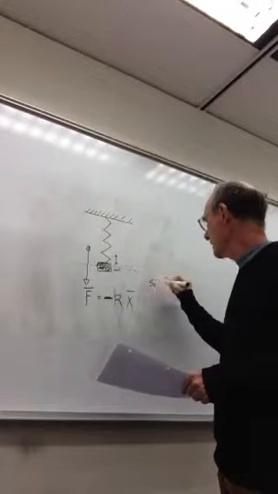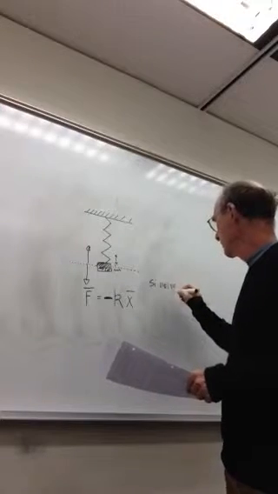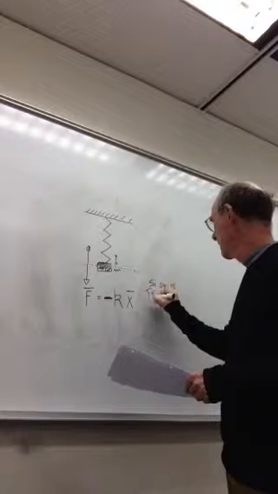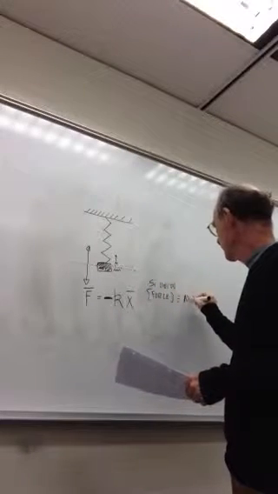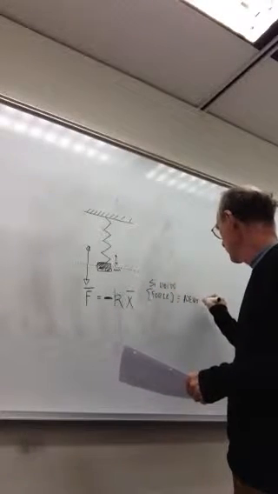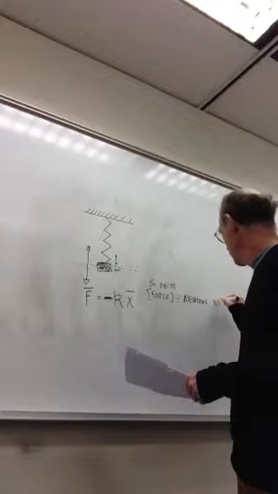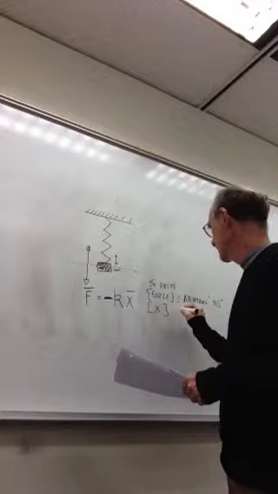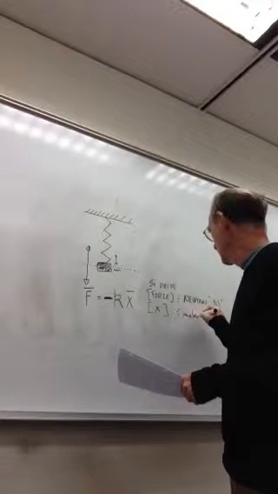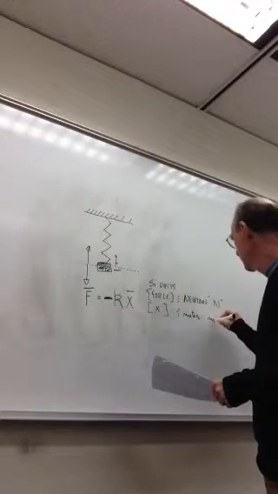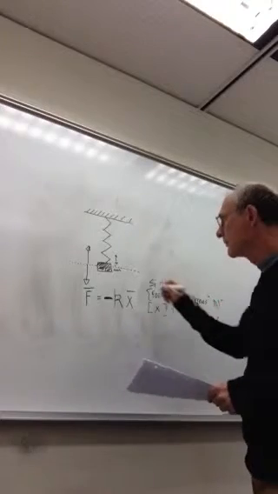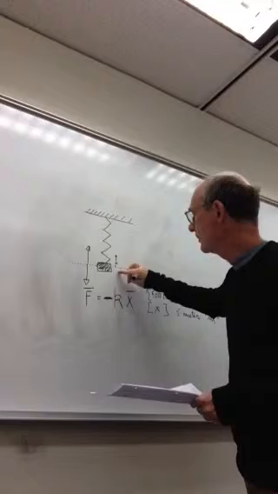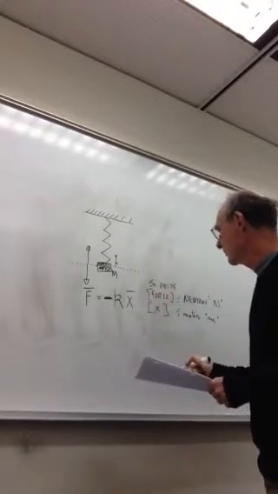So the SI units for force are newtons, and the distance is measured in meters. Bad choice of letter, let's call this capital M for the mass to avoid confusion.